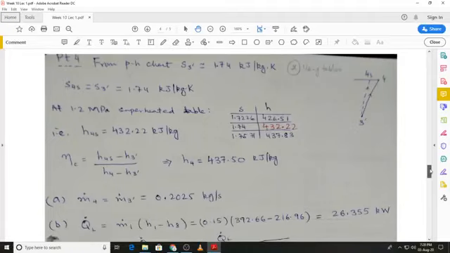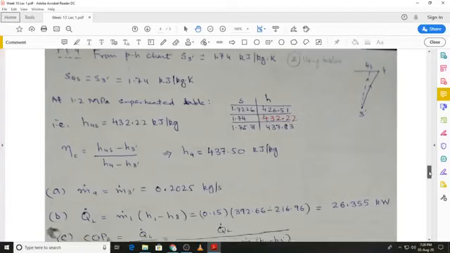In part B, we need to find out the rate of heat removal from the refrigerated space, and that is the heat removed by the evaporator. So across the evaporator, the enthalpy difference is H1 minus H8, and the mass flow rate that goes into the evaporator is m dot 1. Substitute the values and the rate of heat removal comes out to be 26.355 kilowatts.